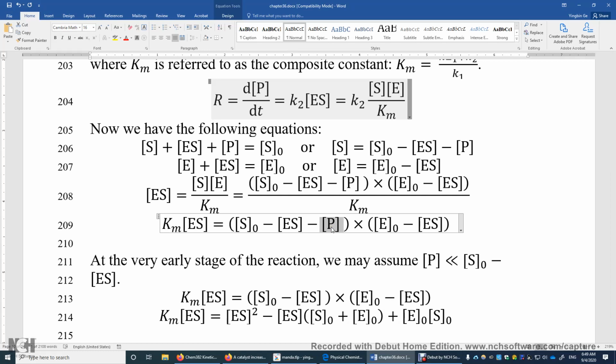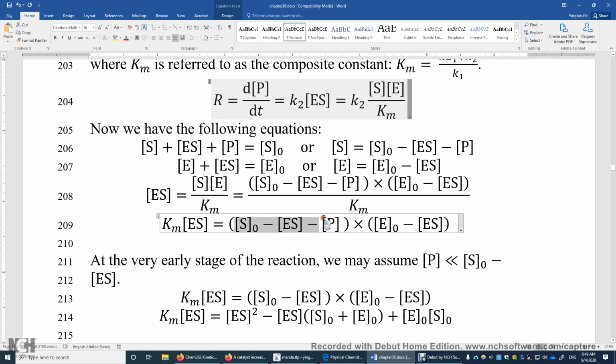As long as we measure the concentrations of all the species at the very early stage of the reaction, I think we can neglect the concentration of the product.